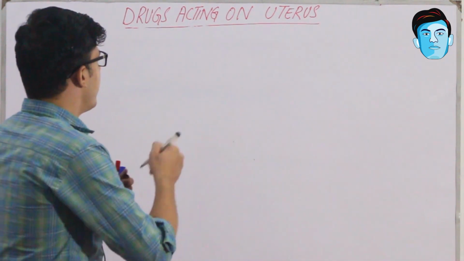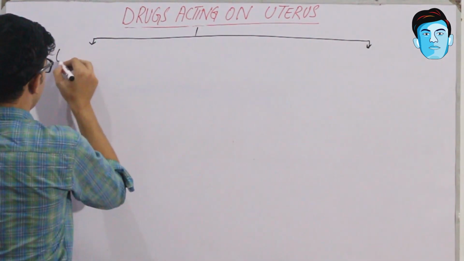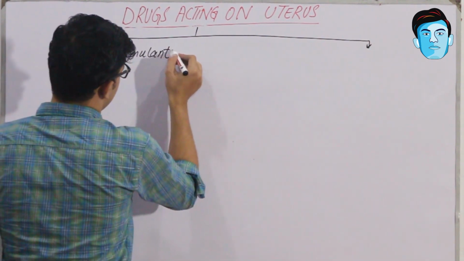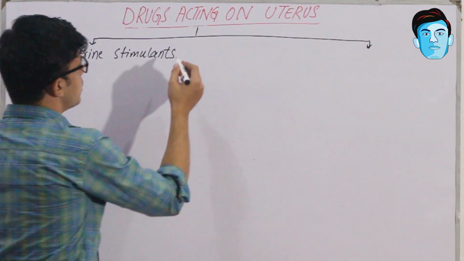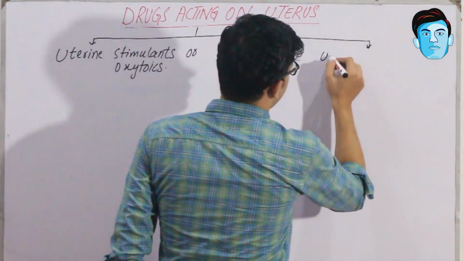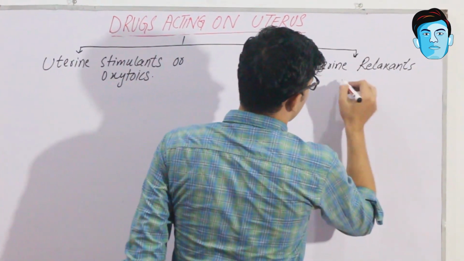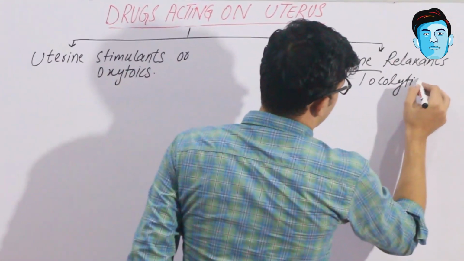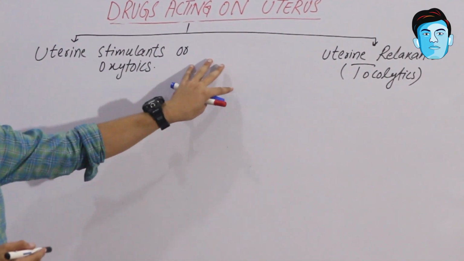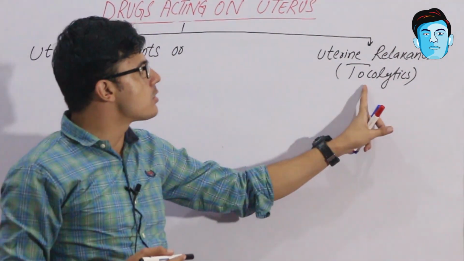So it is broadly classified into two types: uterine stimulants, which are also called oxytocics, and uterine relaxants, which are also called tocolytics.